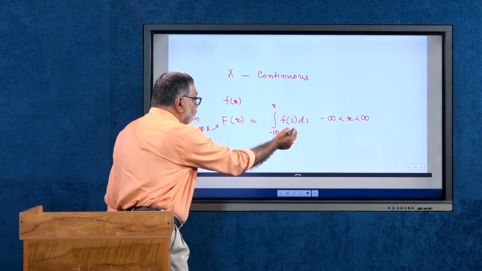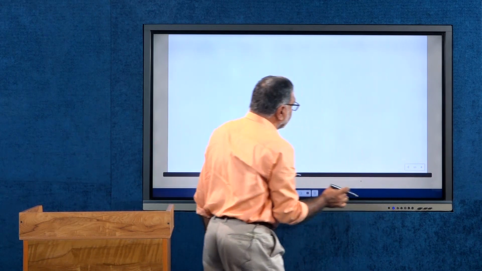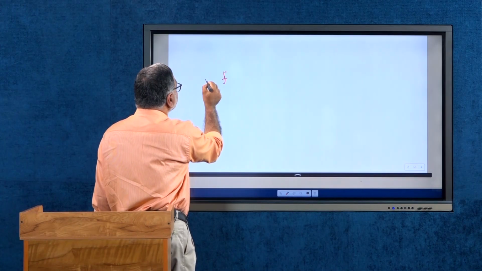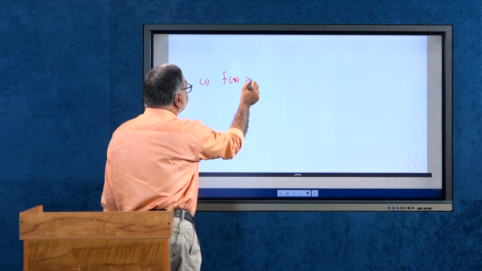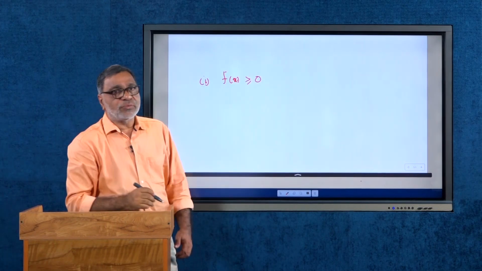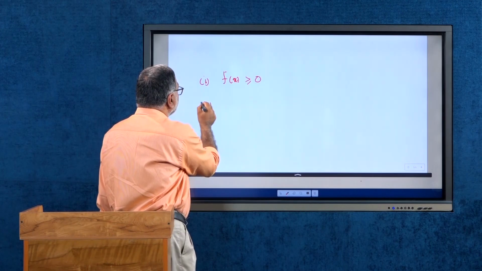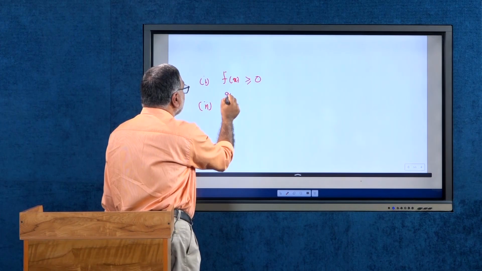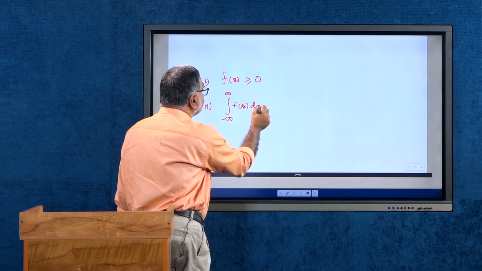And this f(x) satisfies properties. One, f(x) is always non-negative. Two, if we integrate f(x) over the whole range of values, that is equal to 1.